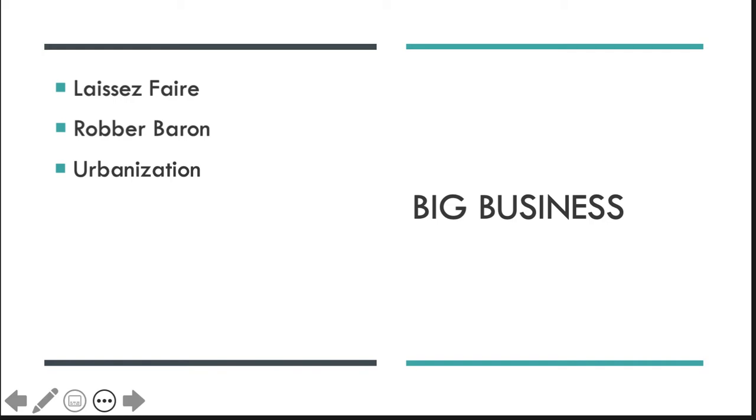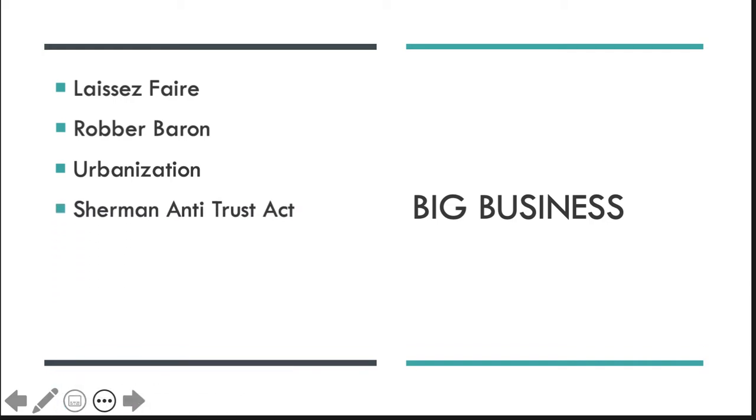People will move to the cities for that opportunity that they could not find in the more rural setting. Because of urbanization, we are going to see a change in the cities. And because of industrialization, we also see a change in the standard of living.